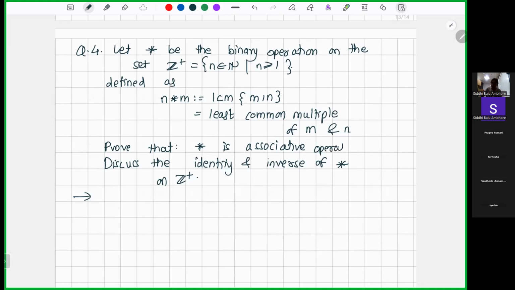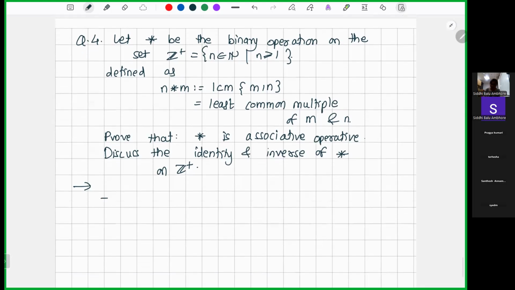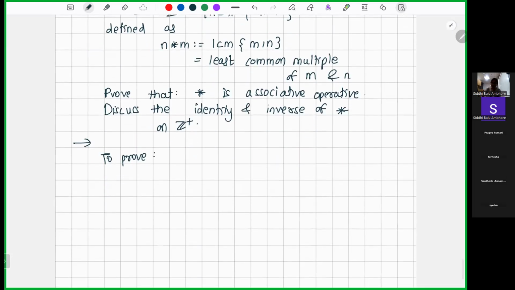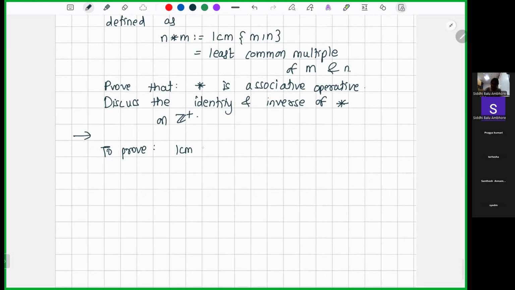So we again have to prove the associativity of this. So we first need to prove that LCM of a comma LCM of b, c is equal to LCM of LCM of a, b and c. This is what we need to prove.